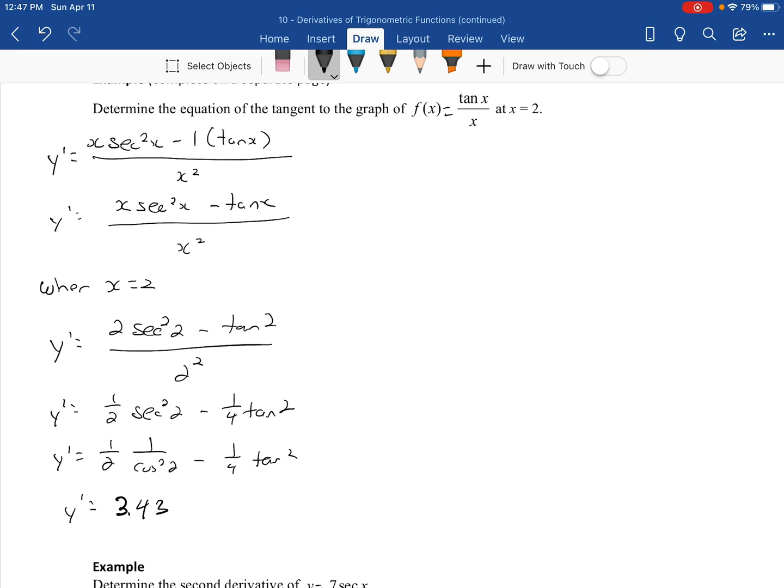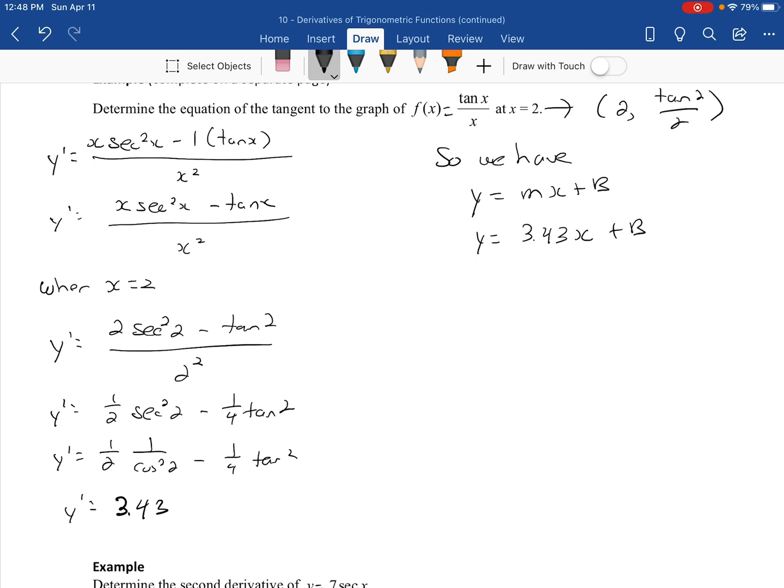So we have our slope of our tangent, y equals mx plus b, is going to be y equals 3.43x plus b. Now to get that b, I want to sub in an x and y pair. From this 2, I got a point of 2 comma tan 2 over 2.